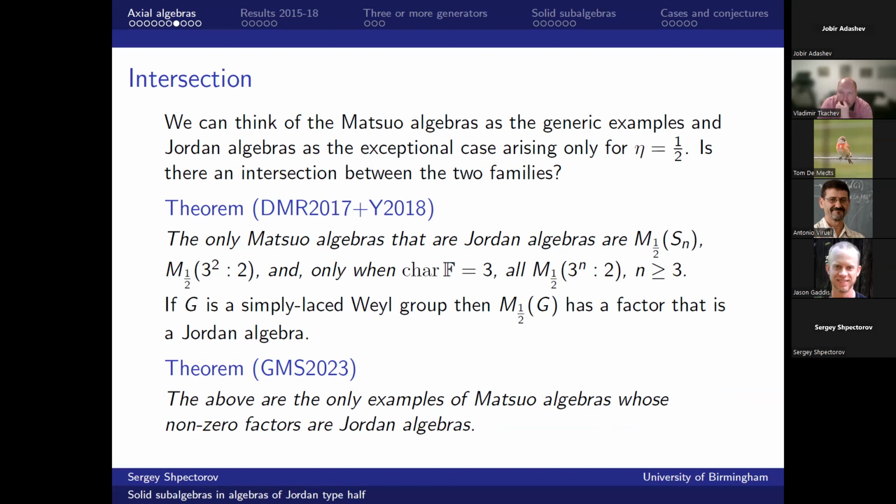And then there is an additional example for the group of order 18, as you can see here. And with one addition later by Yabe, who noticed that specifically when the characteristic of the field is 3, there are more examples. So this example leads to a whole series of examples of Jordan algebras, but only in characteristic 3.